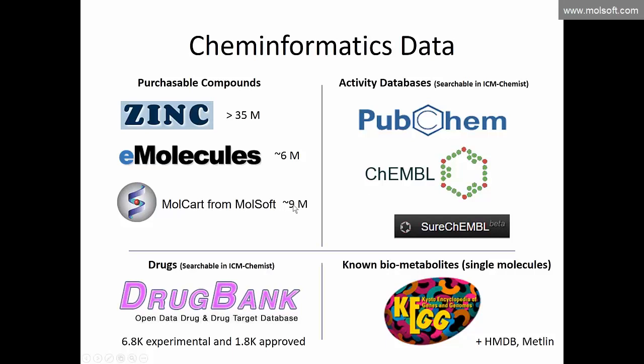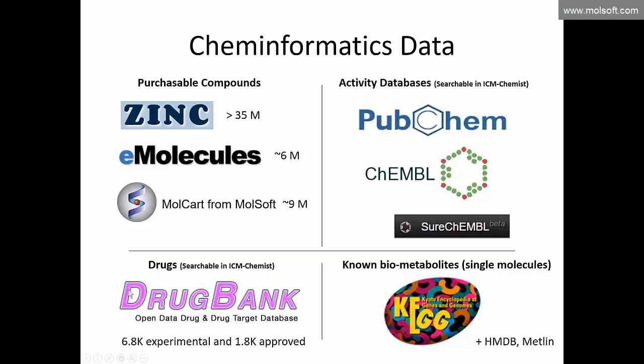There are other, obviously, web-based databases that you can search, and these are directly searchable in ICM-Chemist. So you can search the PubChem database by SMILES or by text. You can search the ChEMBL database, as well as the patent version of ChEMBL, SureChEMBL. And I'll show you how to do that in a minute.